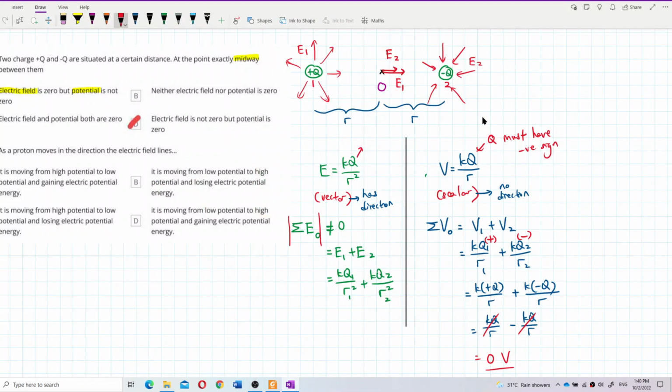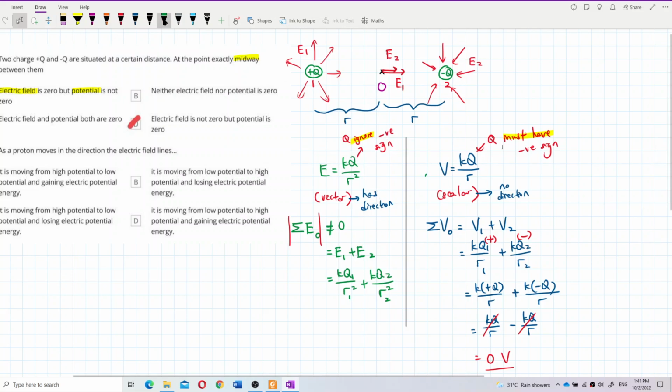So this charge, ignore the negative sign. For the field, the charge ignores the negative sign, but for scalar potential, the charge must have the negative sign. Q2 is a negative charge, but when we substitute into here, we ignore the negative sign.